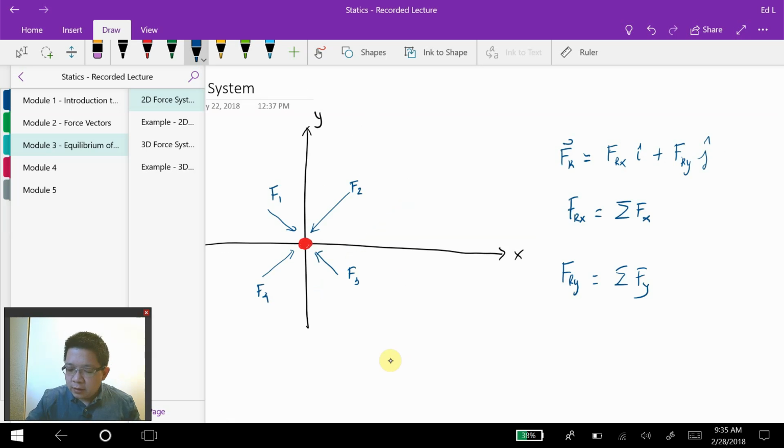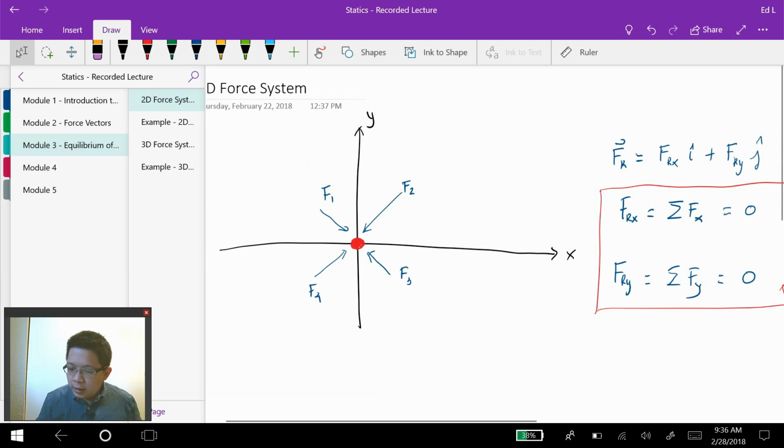And in here Frx is the sum of the components of the forces in the x direction, and Fry is the sum of the components of the forces in the y direction. So to satisfy equilibrium conditions, we have to set this force equal to 0. When it's equal to 0, then we can make sure that this particle will not move, will stay in this position, or even if it moves, it will move at a constant velocity.